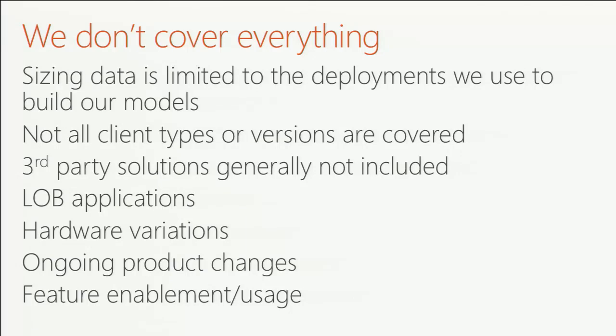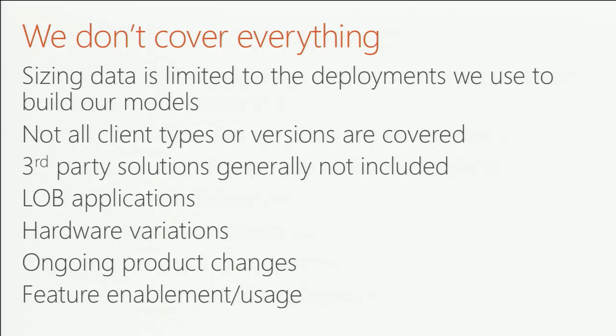In general, we're going to point you to those third parties to provide advice on how those products impact Exchange. When that guidance doesn't exist, there are some options, and I'll talk through those in the next slide. But you need to be aware that even though we are fairly specific about our hardware requirements here, you may need to beef things up a little bit. You may need to add some additional overhead to handle those third-party products.